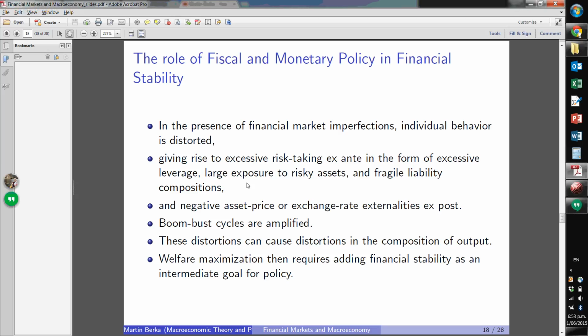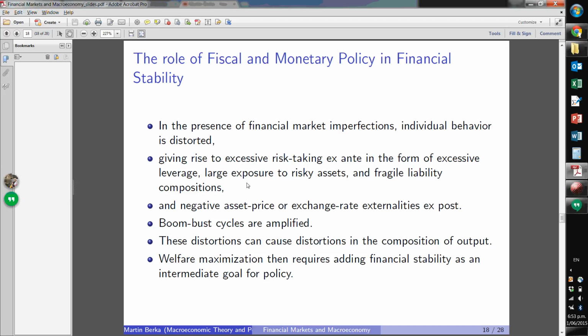They can cause distortions in the composition of output, where there's too much consumption or too much savings or too much investment, depending on what scenario we look at. If the central bank is interested in maximizing the welfare of the population, they should take this into account if there are externalities of different kinds, and that's what the central banks nowadays do.